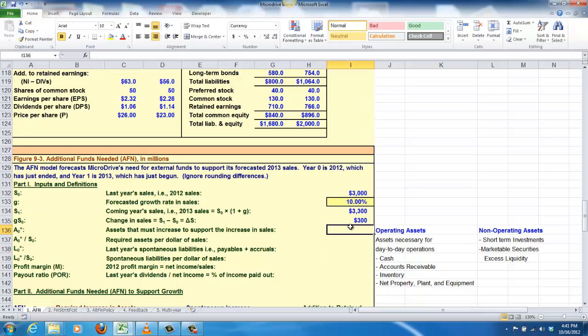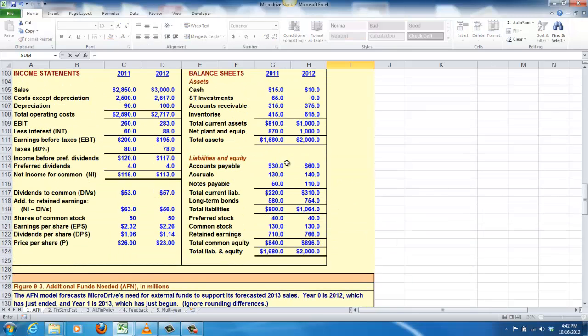So the assets that must increase to support the increase in sales, these are operating assets, and I'll refer to them as operating assets as we move forward. We see in 2012 the company had $10 million in cash, plus $375 million in accounts receivable, plus $615 million in inventories, and then $1 billion in net property, plant, and equipment.